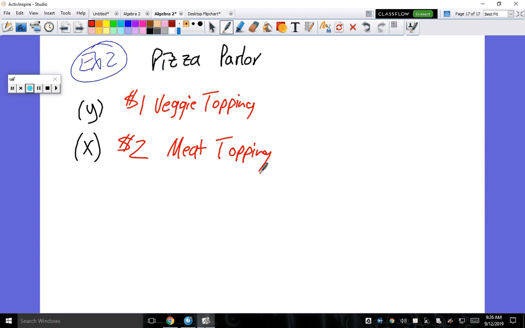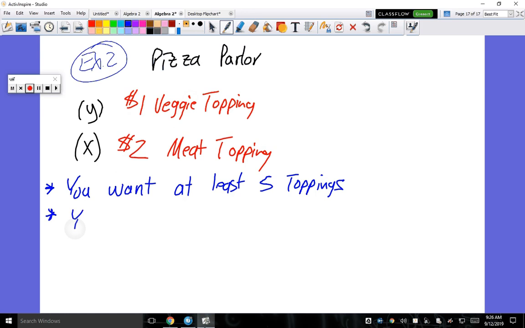Okay. Your stipulations are this. You want at least 5 toppings on your pizza. And then also, your second stipulation is you only have $10 to spend.